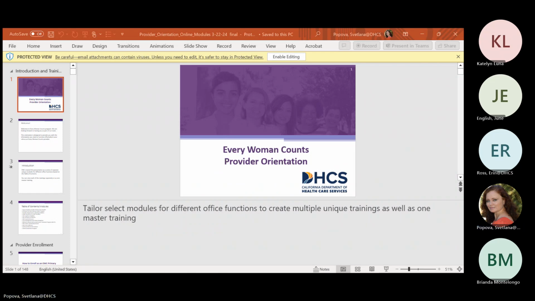So, EWC is not just about breast and cervical cancer services. They have to do other things. So first of all, they are supposed to have a clinical comprehensive case management system in place that would include a tracking and follow-up system that supports quality program and clinical standards.